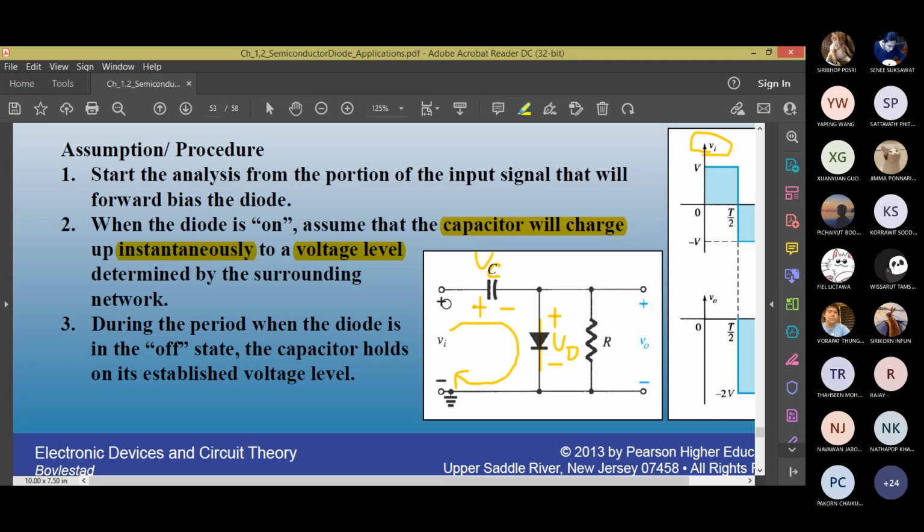VI minus VC minus, you can say 0 equals 0. Or VI minus VC minus V out, because VD is V out, same. This one and this one and this one, they're the same. You can say VI minus VC minus V out equals 0, right?